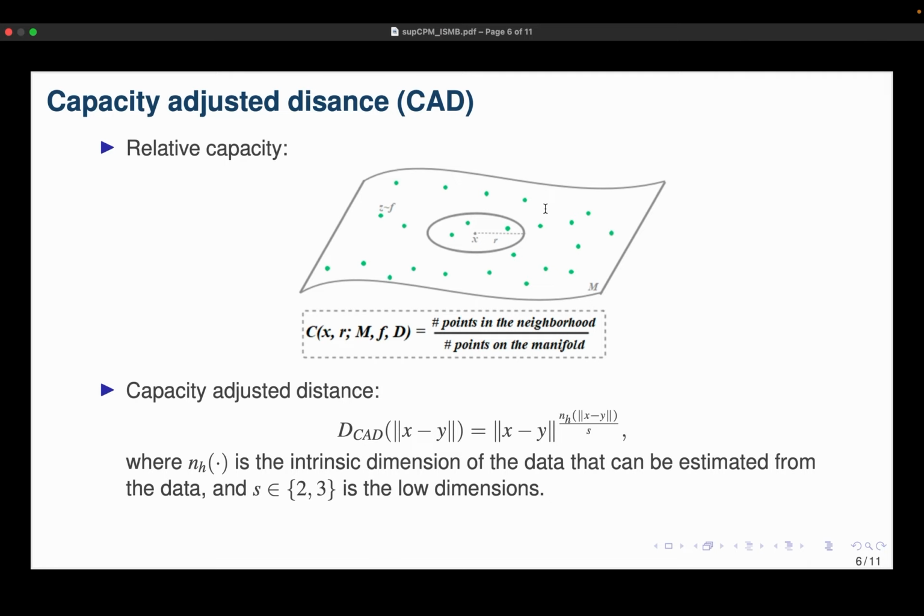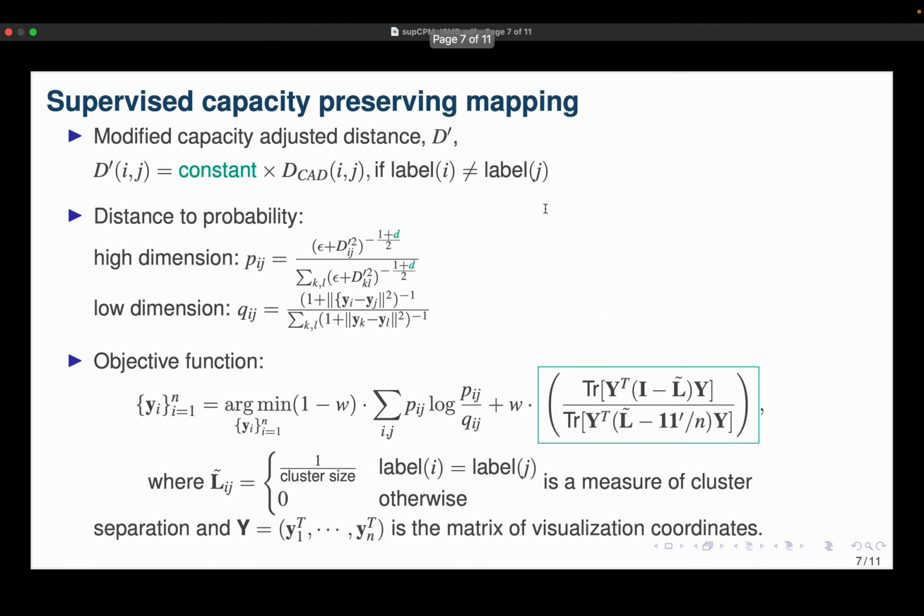Then we propose a new distance so that the capacity in the high and low dimensions could match after projection, and we call it capacity-adjusted distance. This changes any original distance defined by users in the high dimensions, such as Euclidean or geodesic distance, and could help to preserve the capacity so that the crowding problem is alleviated.